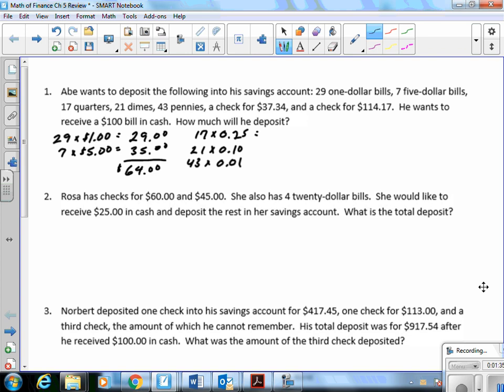So 17 times 0.25 gives us 4.25. 21 times 0.10 is going to be $2.10. And 43 times 0.01 is going to be 43 cents. Add those together, and we're going to get $6.78.